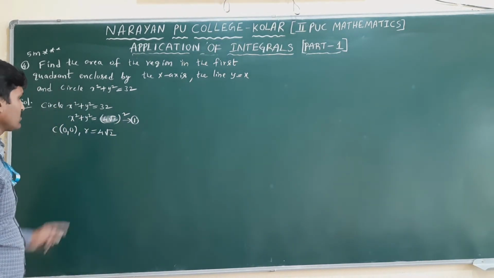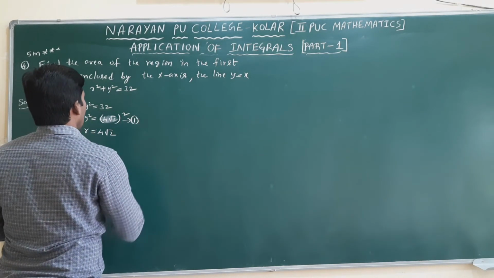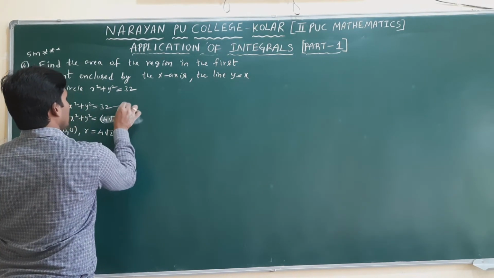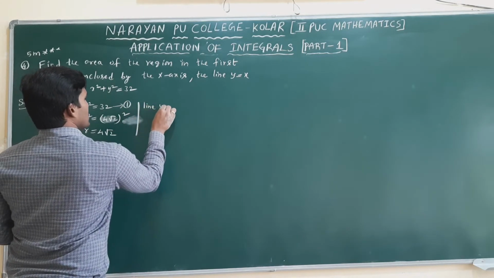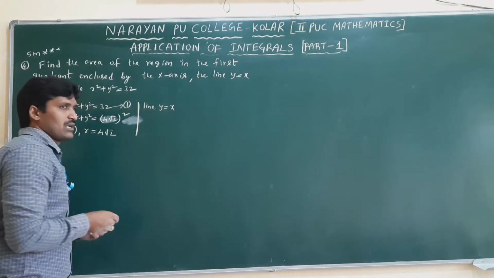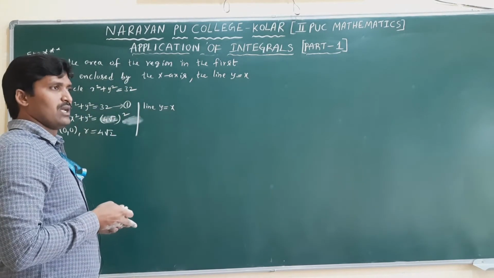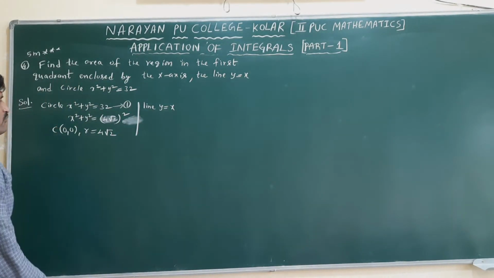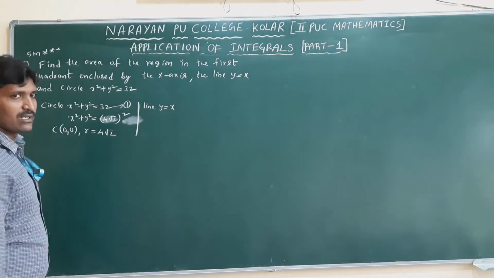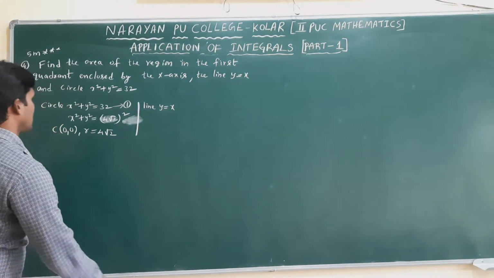Now the line that is given, y equal to x, that is y equal to mx, always passes through the origin, a straight line in the first quadrant and third quadrant. Now where these two are intersecting, we need to find that.